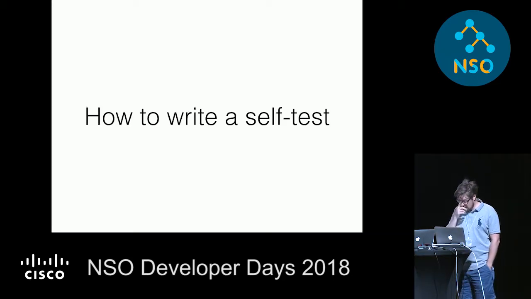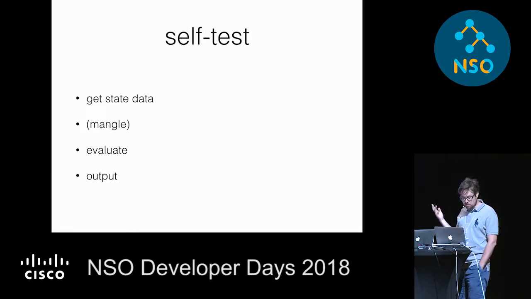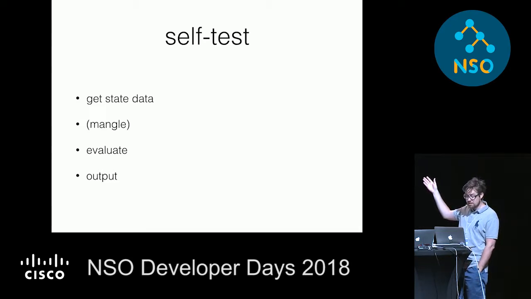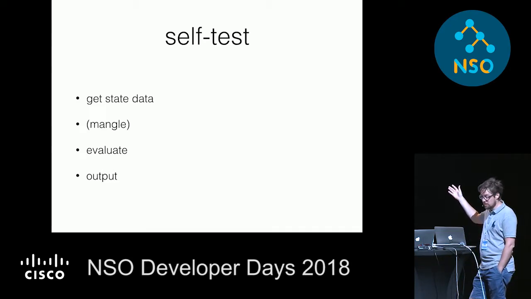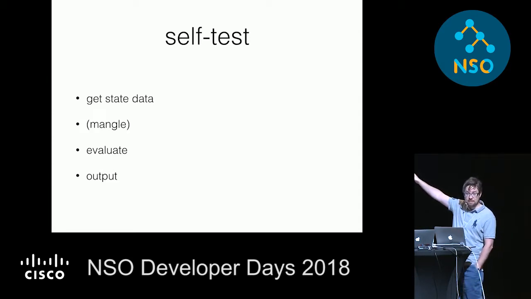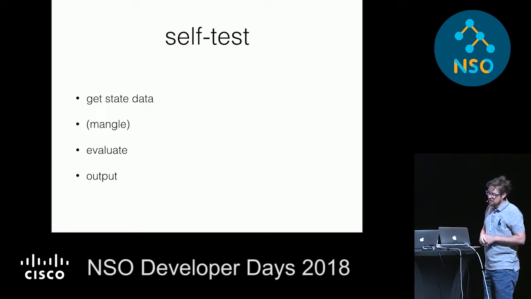Okay. How to write a self-test. There are a couple of different steps to this. It's all fairly simple. We fetch some data from the device, like the ISIS adjacencies on an interface. There's an optional step in mangling the data, which is something that we do. When you have all sorts of different vendors, we translate the data into a vendor-neutral format of our own liking.